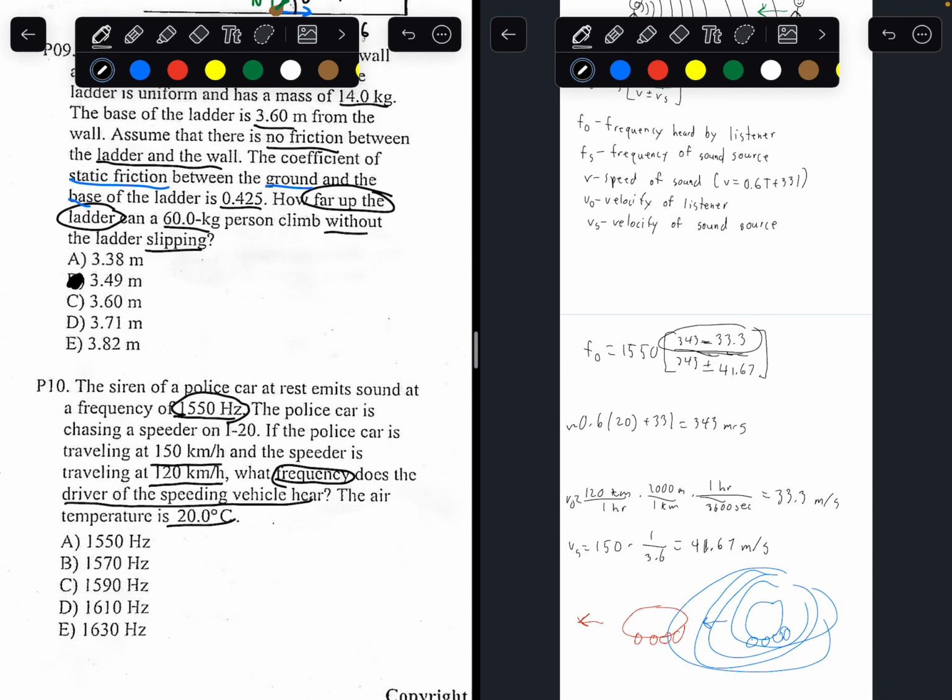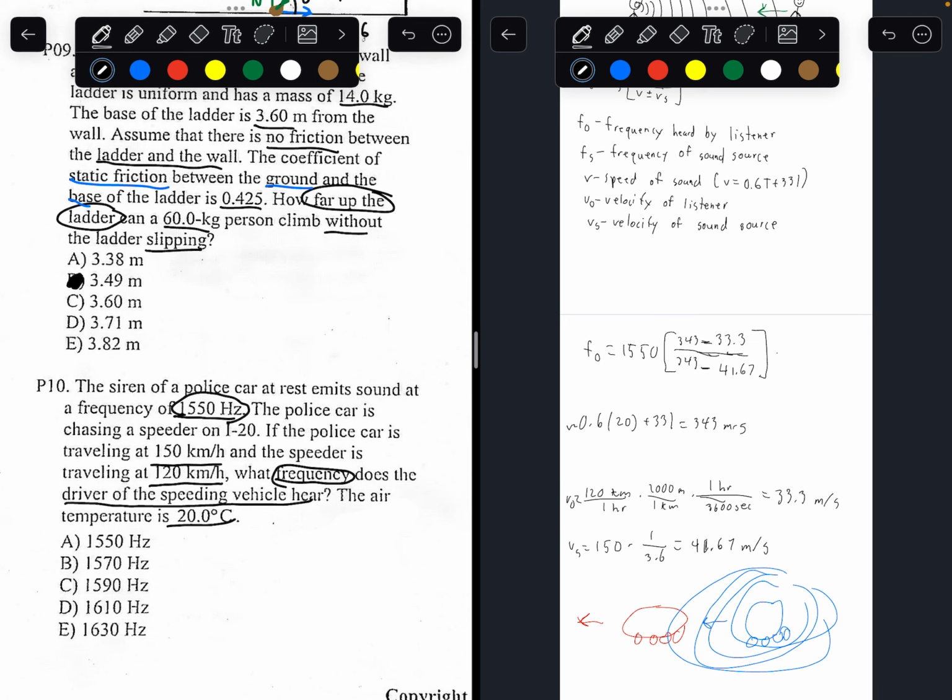One main thing is you would think it's plus because you're increasing the frequency, but if you increase the denominator by doing plus, you'd be decreasing the frequency. To increase the frequency, you have to decrease the denominator. So this would also be minus. So this is your final equation.